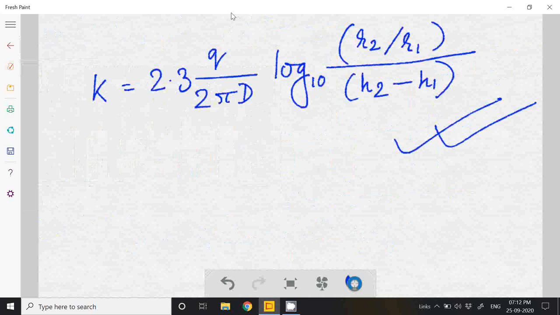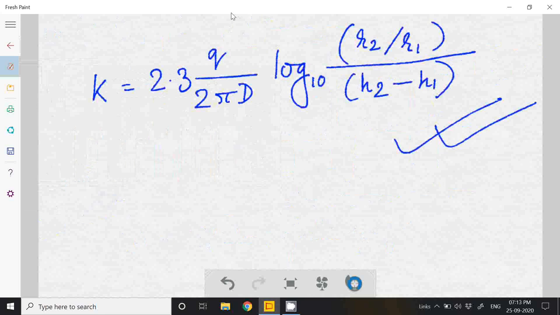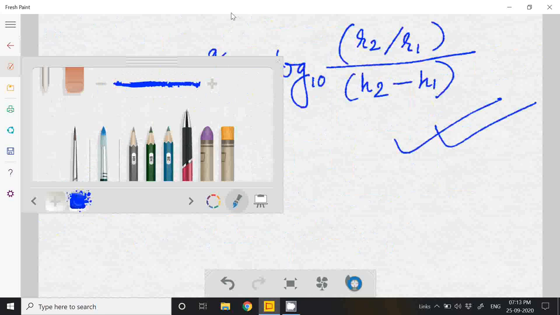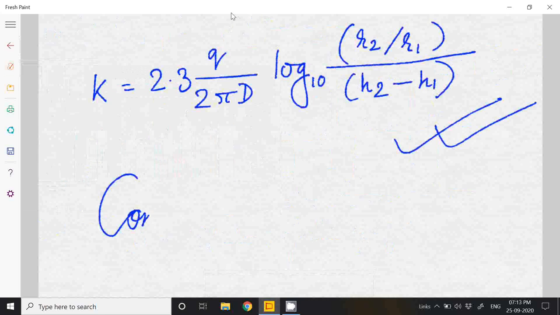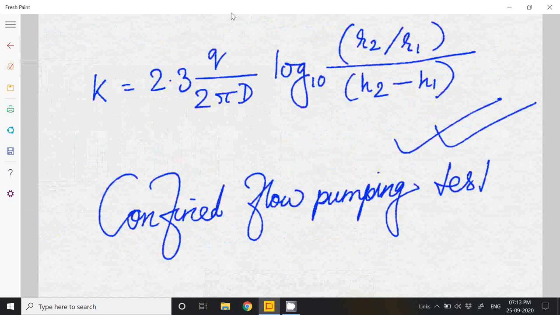This test is generally called the confined flow pumping test. So this is the difference.